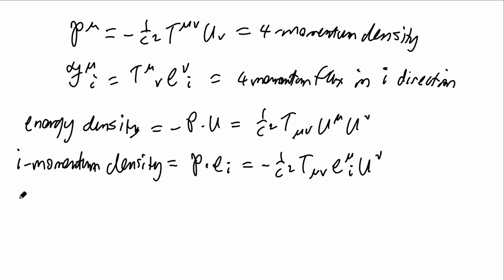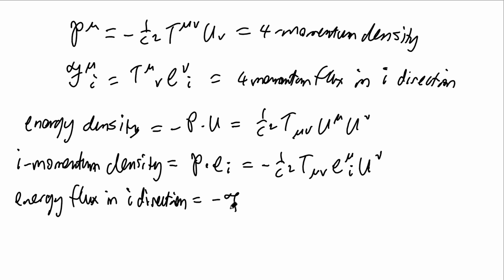The energy flux in the I direction is minus F^μI dot U, delete that index, F dot U, and that's equal to minus T^μν u_μ e_ν^I.